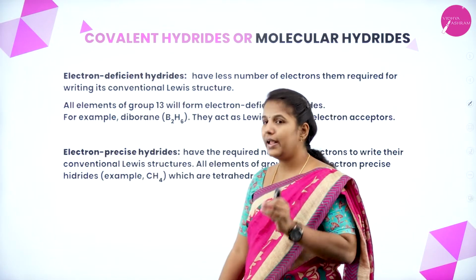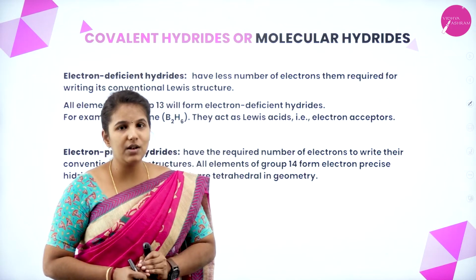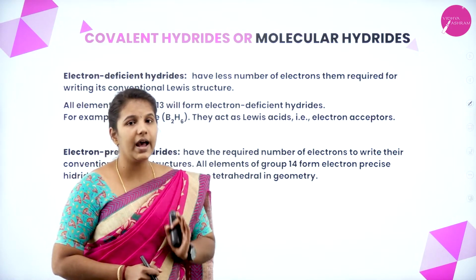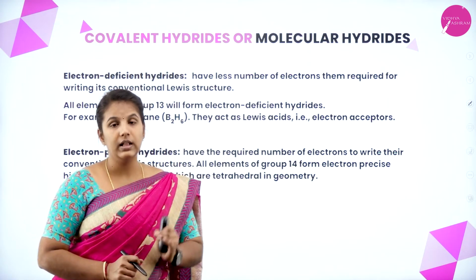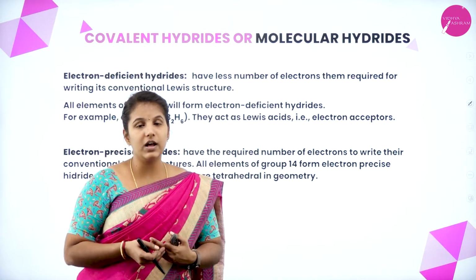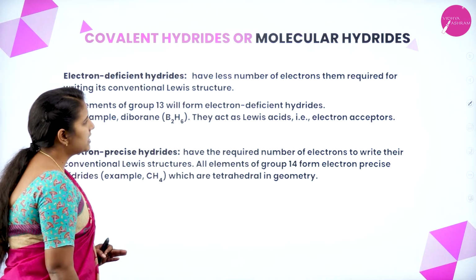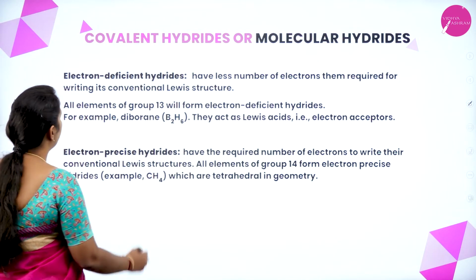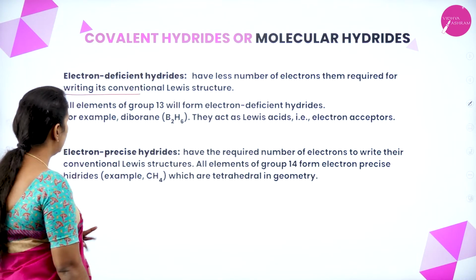First I will go for electron deficient hydrides. The name itself indicates that these hydrides have electron deficiency. That is why they always look for the acceptance of electrons. Okay. So they have too few electrons required for writing the conventional Lewis structure.